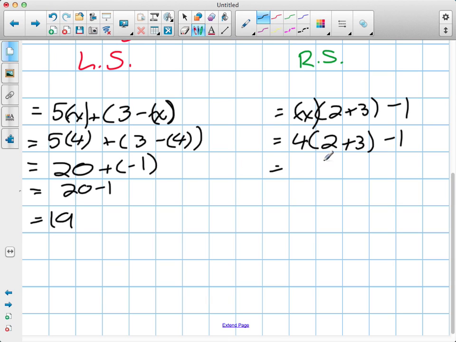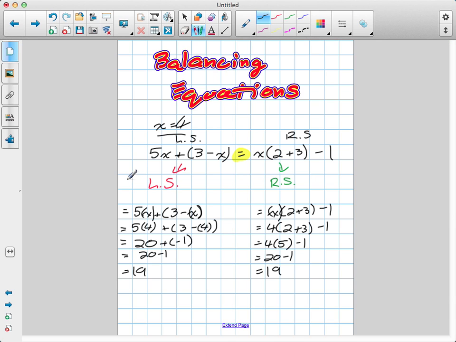Yes. We're going to deal with our BEDMAS first, okay? And according to BEDMAS, we deal with what's in the brackets first. So, we have 4 multiplied by 5. Subtract 1. 4 times 5 is, we already figured that out. Subtract 1. 19. So the left side of this equation is equal to the right side of this equation.